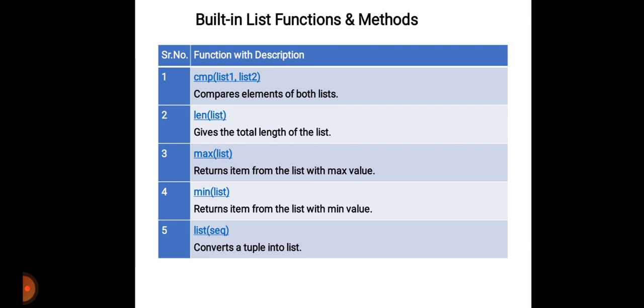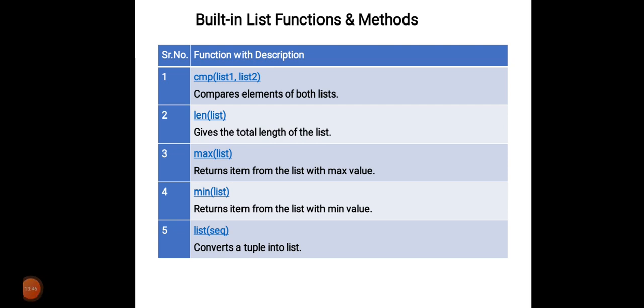Here one table is given again, which includes the list functions with their descriptions. First one is cmp(list1, list2): it compares elements of both lists. Then second one is len(list): it gives the total length of that list.